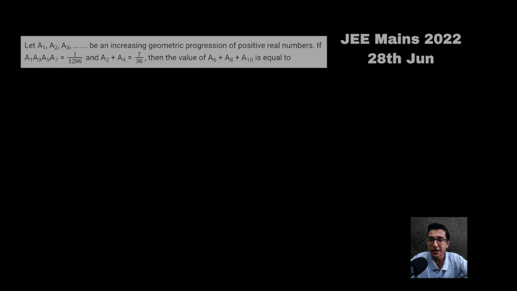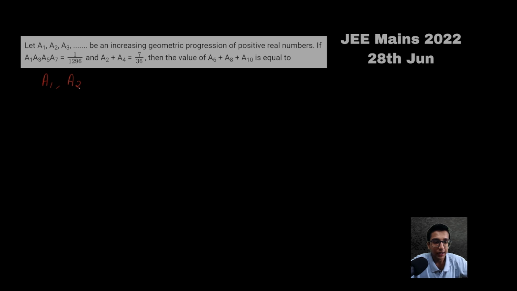This was asked in JEE Mains 2022 in one of the shifts. A1, A2, A3 be an increasing geometric progression of positive real numbers. If the product A1 A3 A5 A7 is 1 by 1296 and A2 plus A4 is 7 by 36, then find the value of this. So let's write down whatever has been provided to us first.